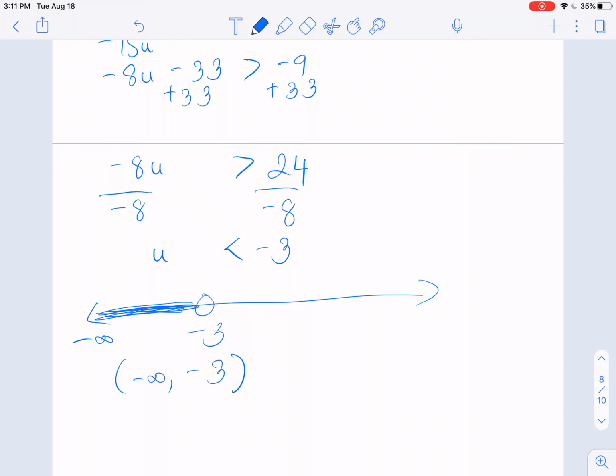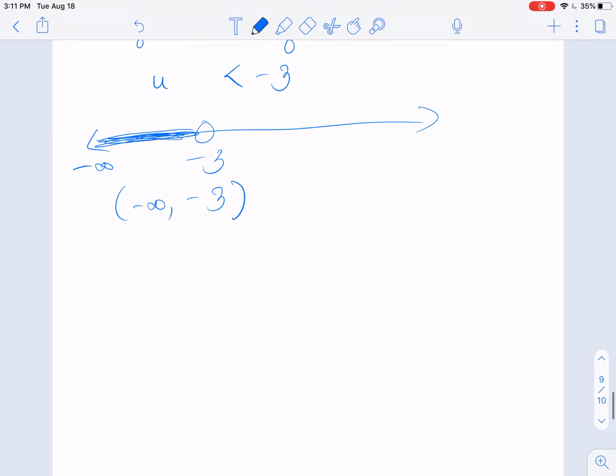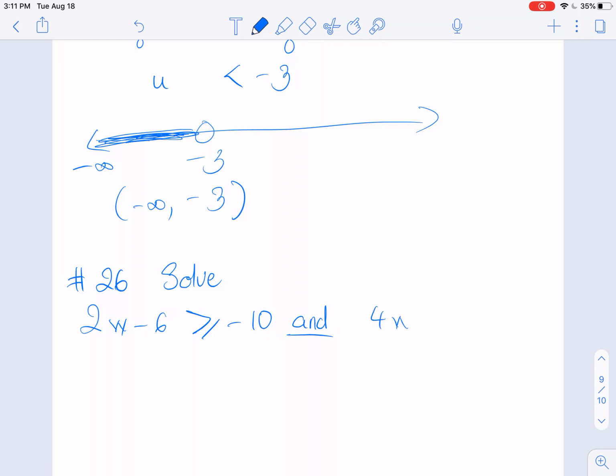Okay. Now let's talk about compound inequalities. A compound inequality means you have two or more inequalities at once. Number 26, we have to solve it. So I have 2w minus 6 greater than or equal to negative 10 and 4w minus 4 greater than or equal to negative 28.